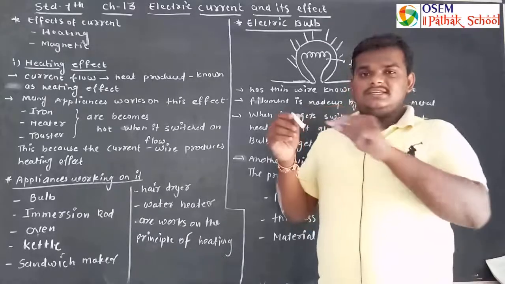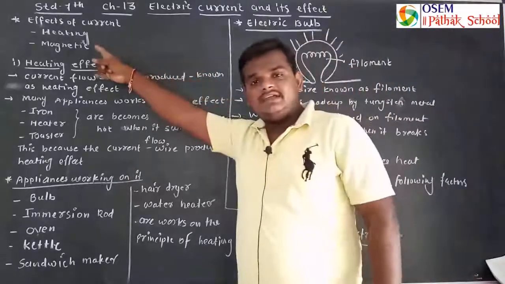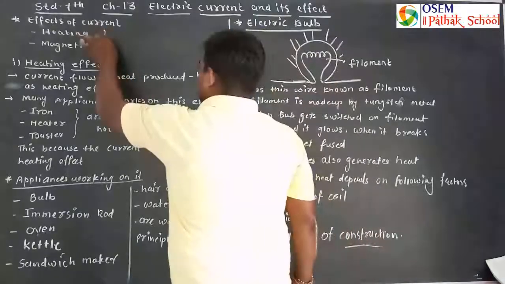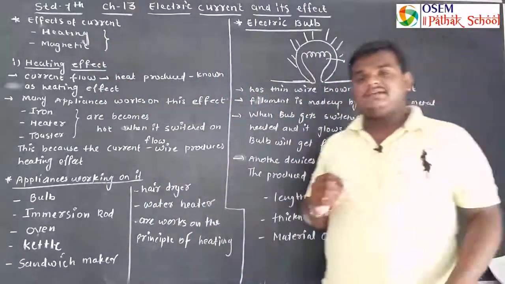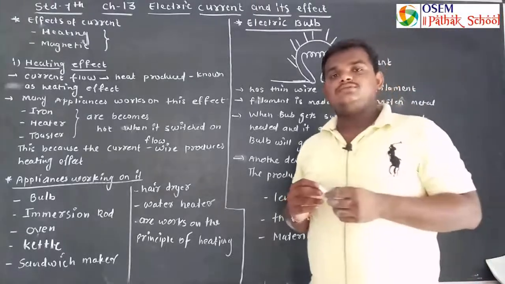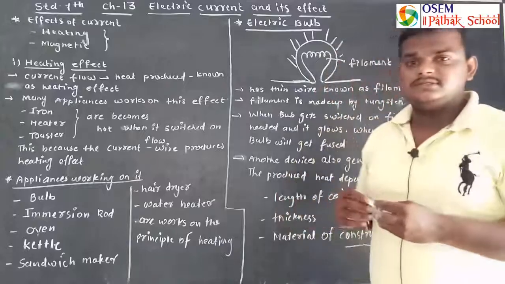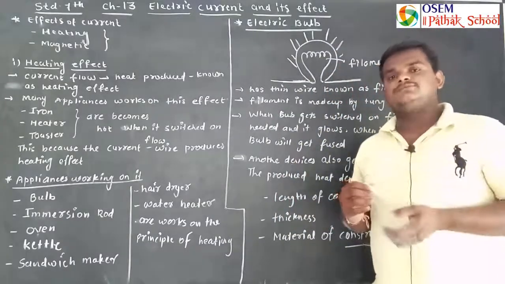So जैसे ही इसके अंदर से इलेक्ट्रिसिटी पास होगी, there are two types of effect generated. First effect is heating effect and second effect is magnetic effect. That's why in our day-to-day life we feel that after running for 5 to 10 minutes the fan becomes hot, the bottom of the fan becomes hot.